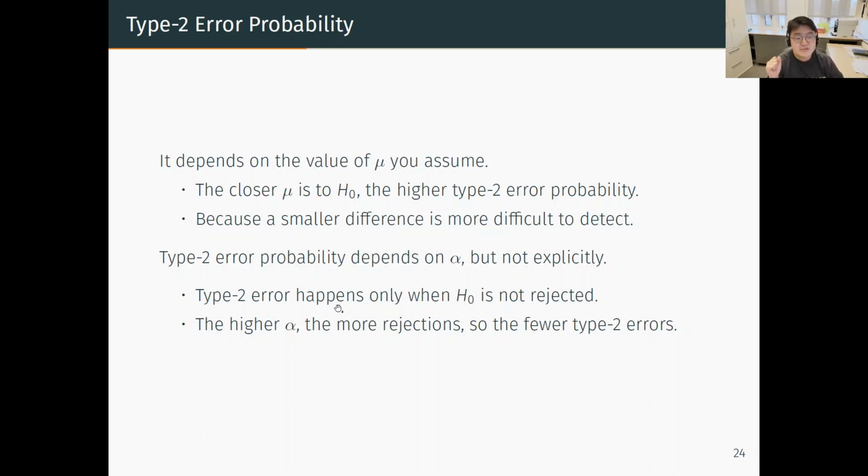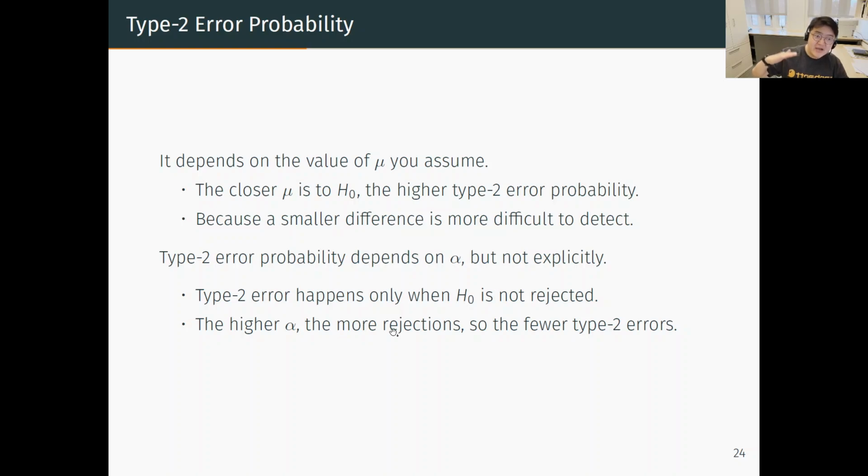So type 2 error happens only when you do not reject, right? Type 2 error by definition is non-rejection of a wrong hypothesis. So if you reject, then type 2 error is not a concern. But when you don't reject, it could be a type 2 error. So if you are willing to reject more by choosing a higher significance level, then you are going to reject more, so there will be fewer type 2 errors, because when you reject, type 2 error does not happen.